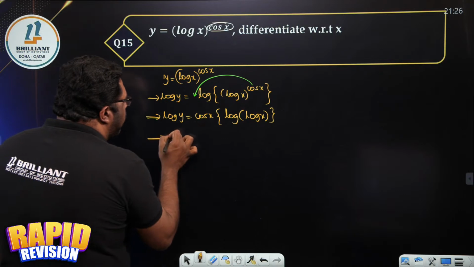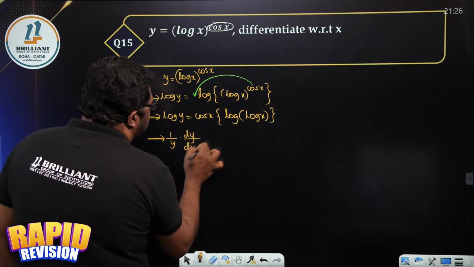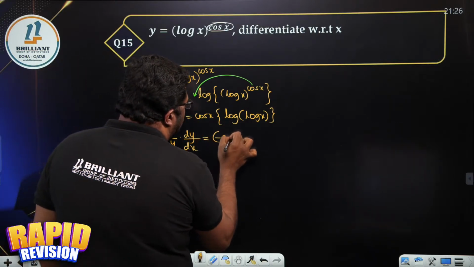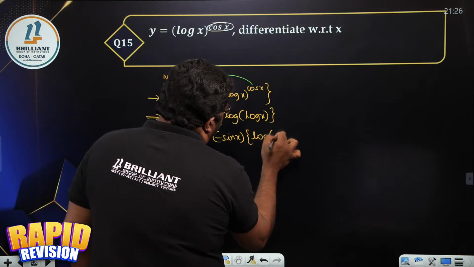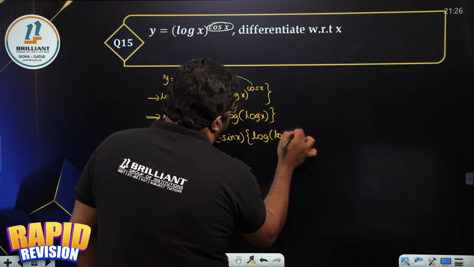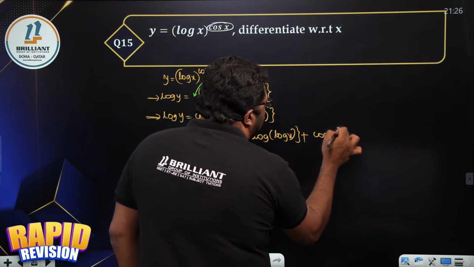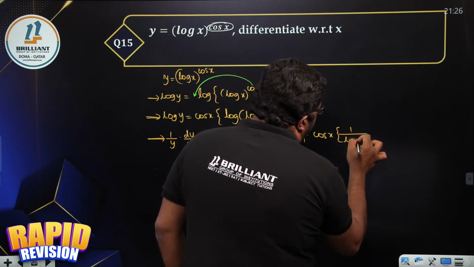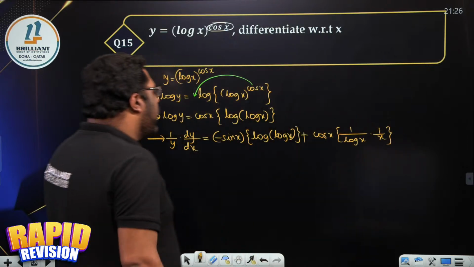So what's the derivative? 1 by y dy by dx. Product rule: u dash into log x plus u into derivative of log x, 1 by log x into 1 by x.